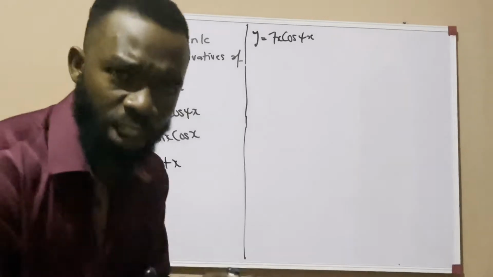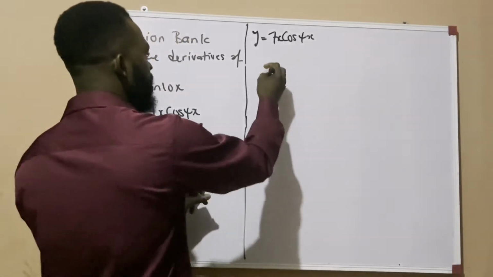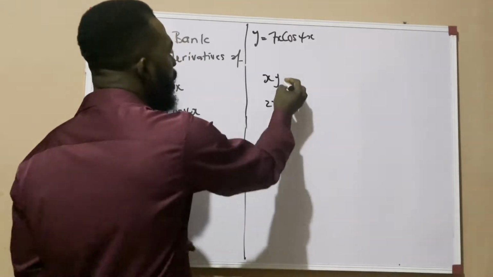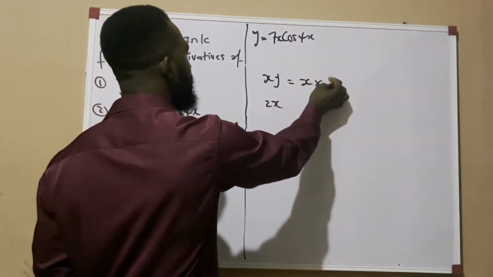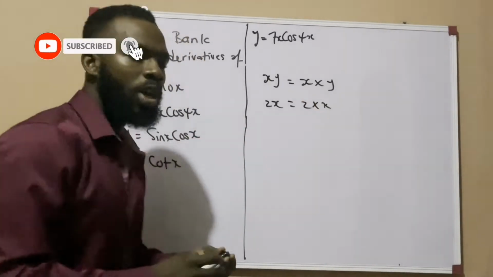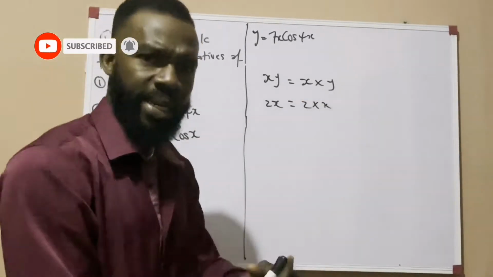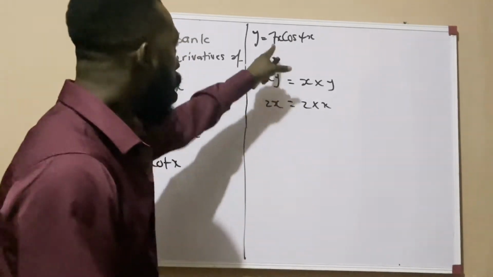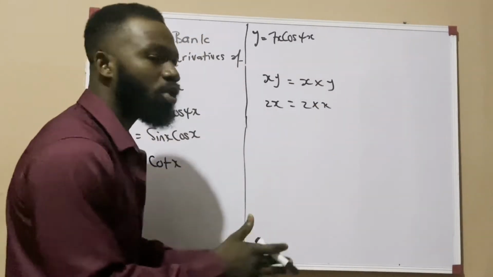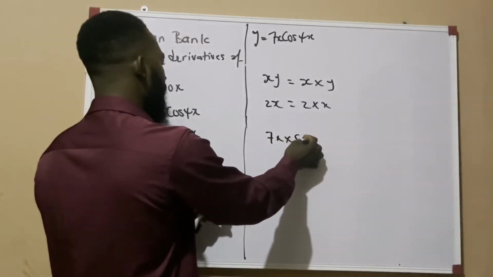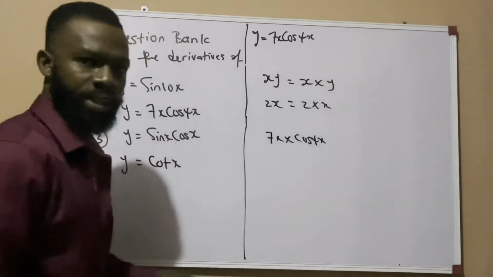Imagine you have something like xy, or 2x. Originally, xy means x times y, and 2x means 2 times x. So before xy came together, it was formally x times y. Also in this question, before 7x cos 4x came together, it was formally 7x times cos 4x.